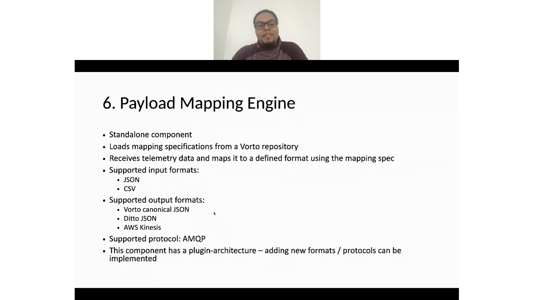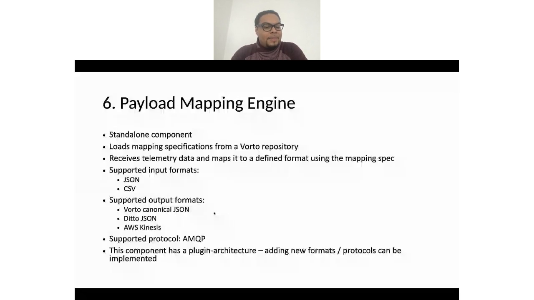And output formats are either Vorto canonical JSON, which is a pretty plain JSON that just has the defined Vorto properties and the value that is being received, and Ditto JSON and AWS Kinesis. So you can directly use the payload mapping engine to normalize your device payload to send it to Ditto, for instance.